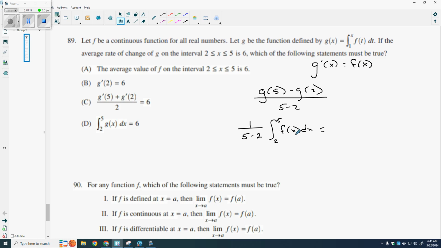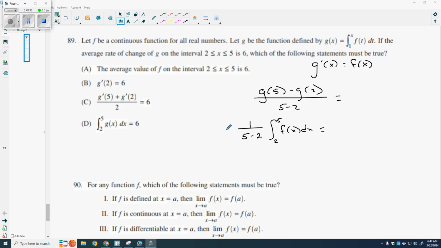What is this right here? Antiderivative of f. When I take the antiderivative of f, I get g, because the antiderivative of f is g. Let me say it a little differently. Here's what we know: f of x is g prime.